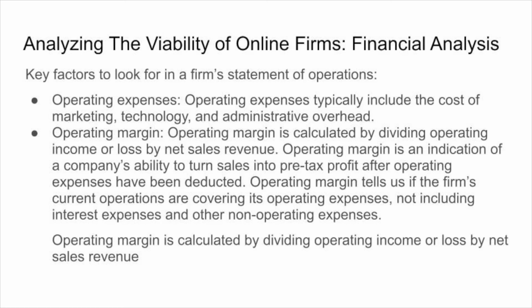Operating margin is calculated by dividing the operating income or loss by the net sales revenue. Again, a measure of efficiency. Operating margin is an indication of the company's ability to turn sales into pre-tax profits after operating expenses. So it tells us that the firm's current operations are covering its operating expenses, how much it's covering, and just getting a sense for, again, efficiency. So that's an important tool to assess the financial health of a firm.